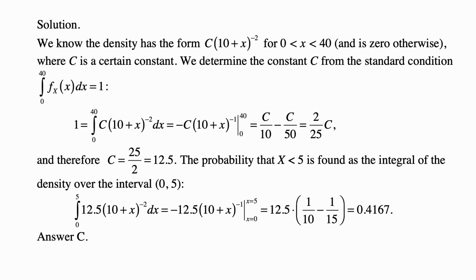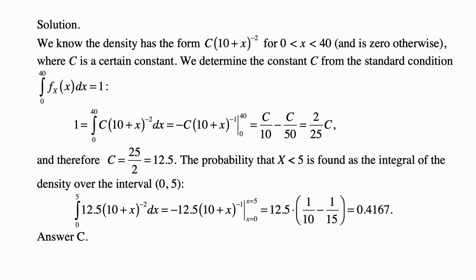dx. Well, the integral of that expression c times 10 plus x to the negative 2 is equal to minus c times 10 plus x to the negative 1. And we evaluate that expression from 0 to 40. If you plug in 40, it will be minus c times 10 plus 40, so 50 to the negative 1, so minus c over 50.